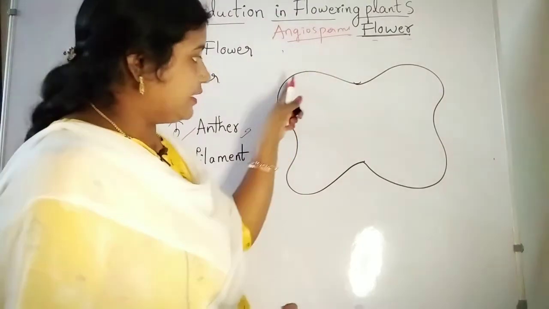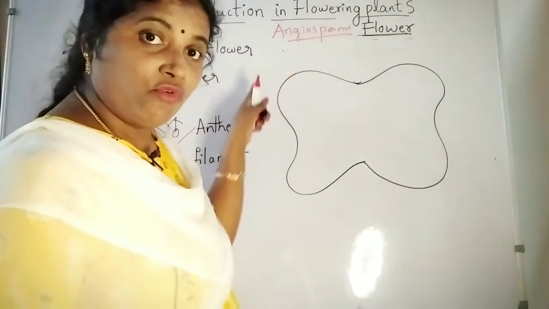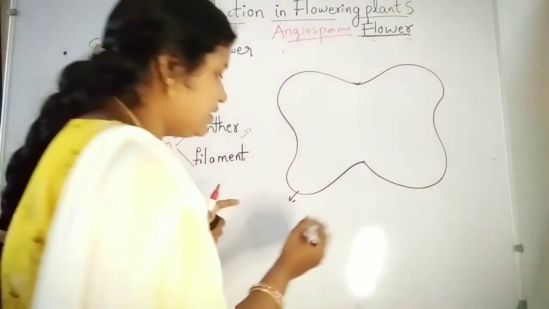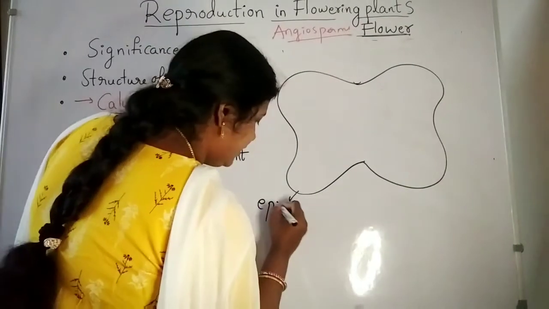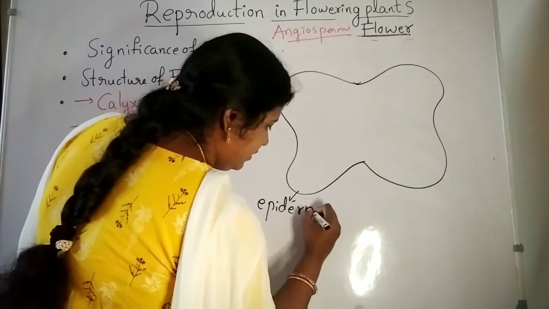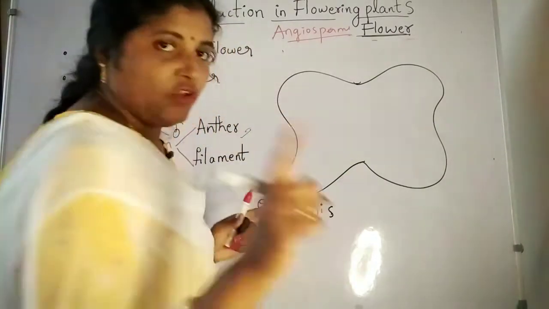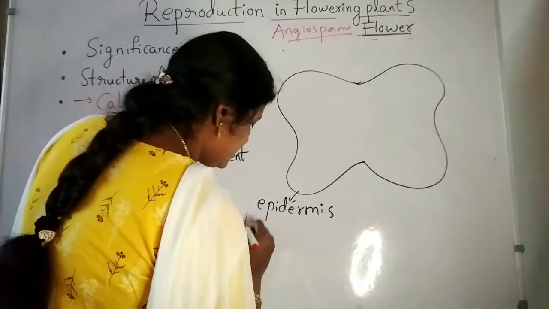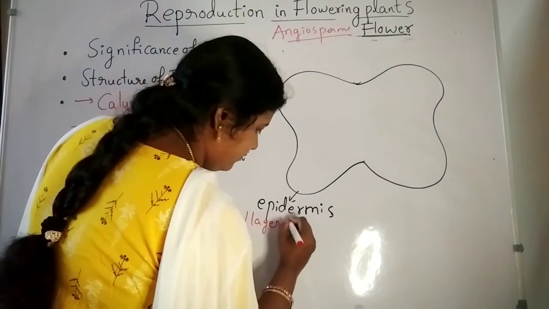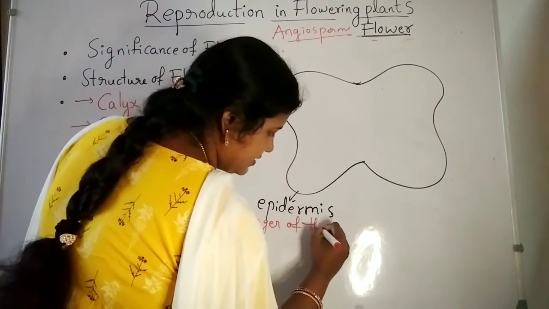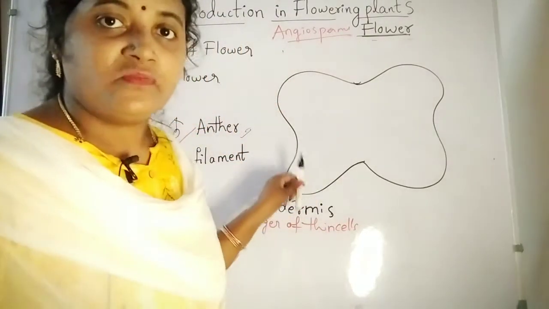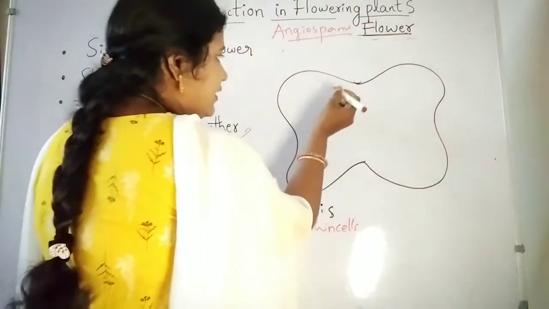The first layer, the outermost layer, is the epidermis. Only one layer of cells; the epidermis contains one layer of thin cells.